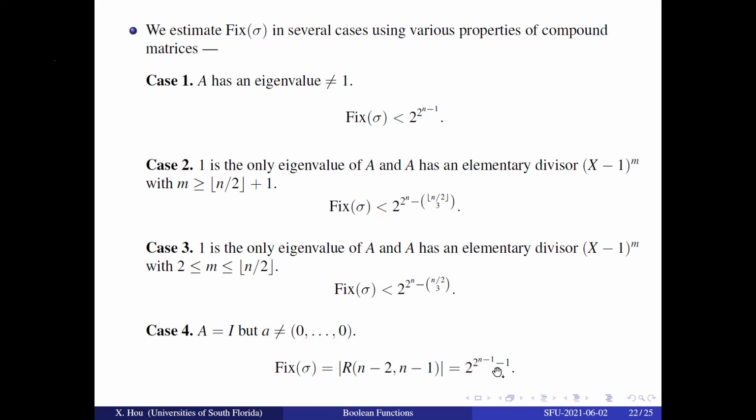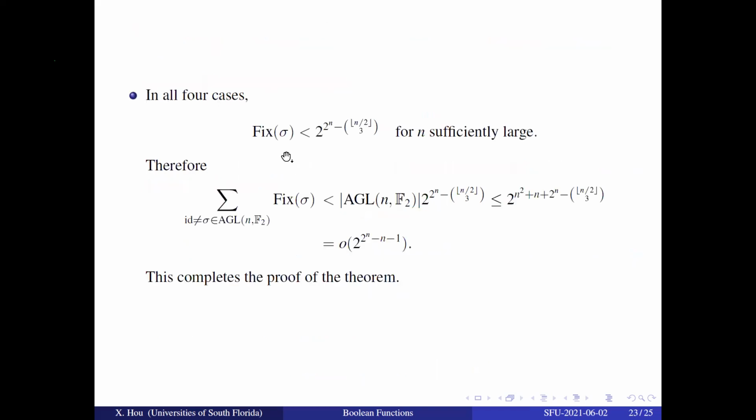Okay, so we have 4 cases. In all 4 cases, we always have fixed sigma less than 2 to the power n minus something like n over 2 choose 3 when n is sufficiently large. Therefore, if you look at this summation, sigma is not identity.